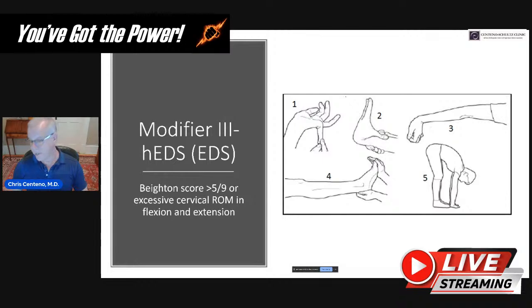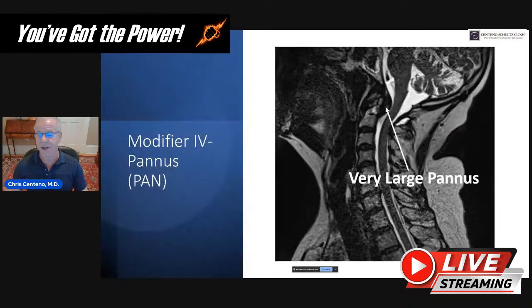You can have HEDS, stretchy ligaments, which is making all of this worse. You can have a pannus, which is really a pissed off and scarred down dens bursa, posterior dens bursa, which then puts more pressure on the spinal cord.